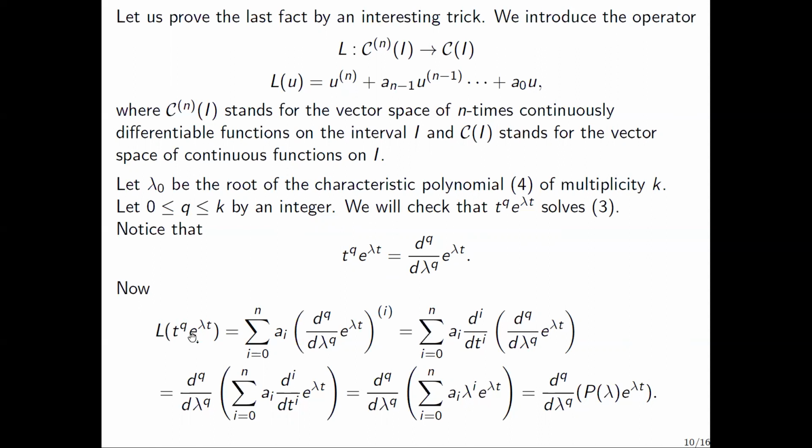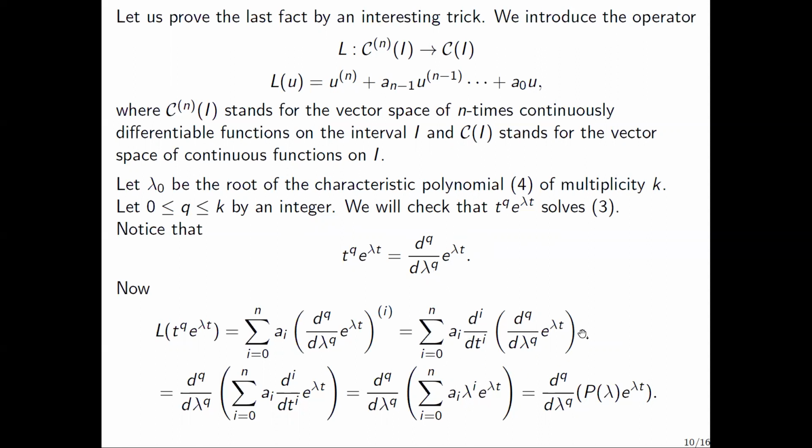So instead of t to q times e to lambda t, we can plug in this differential operator in the initial differential equation. So if we observe this term, for example, nth derivative of u, this will be in fact nth derivative of qth derivative, but nth derivative would be with respect to t, while qth derivative will be with respect to lambda.